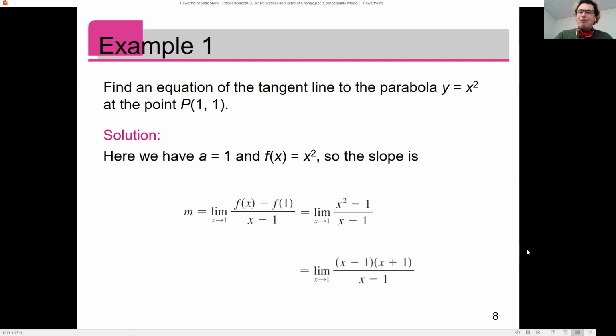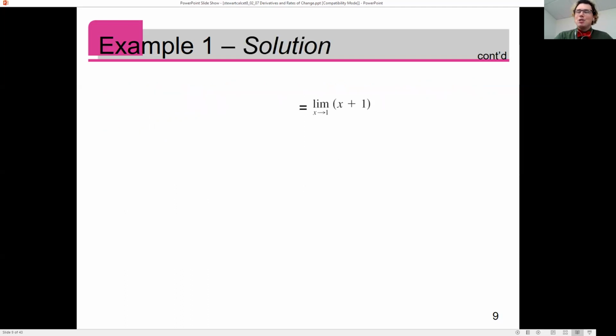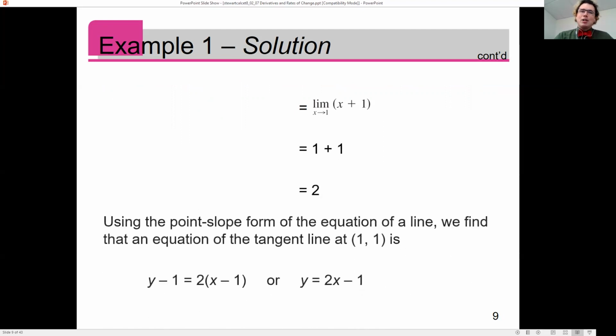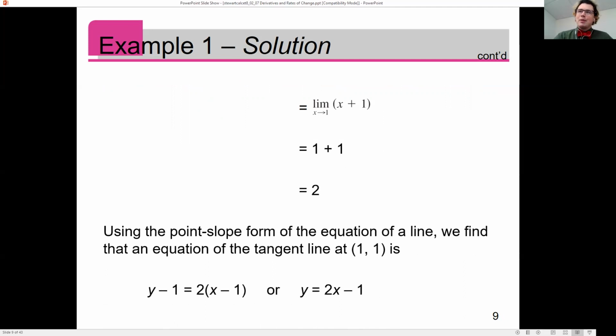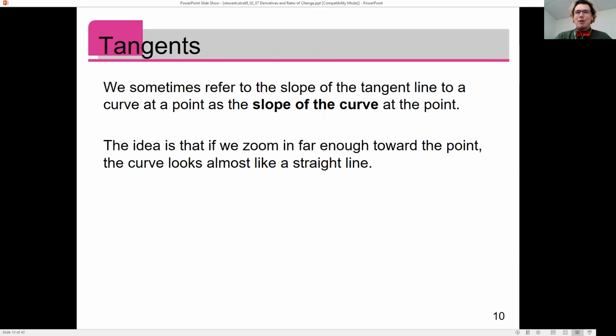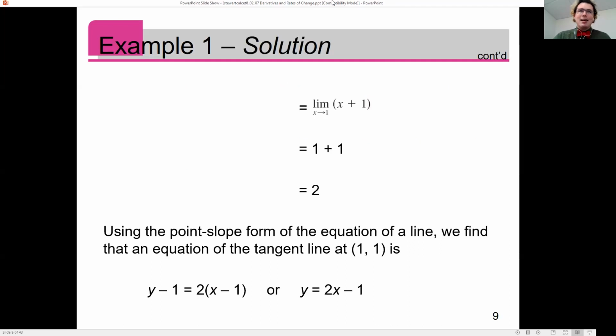But I can factor that numerator. Both the numerator and the denominator have a factor of x minus 1, which will cancel. So now I'm just taking the limit of the function x plus 1 as x approaches 1, and that's going to be 2. So this parabola at x equals 1 has a slope of 2, or at least that's the slope of the tangent line at that coordinate.